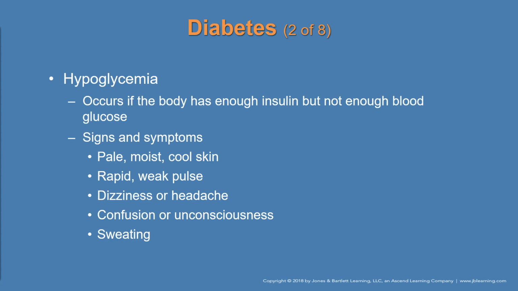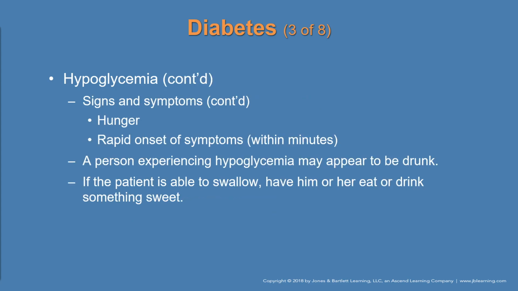Again, it comes from the brain being starved of that sugar, one of the two things that it needs to survive. As a result, they slowly descend into an altered mental status. These patients sometimes also report being hungry, which is a reaction from the body when it's starved for energy. It wants to consume energy.